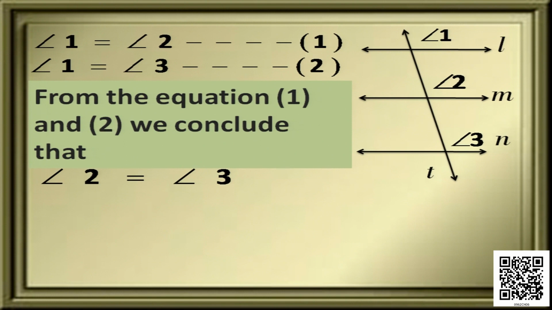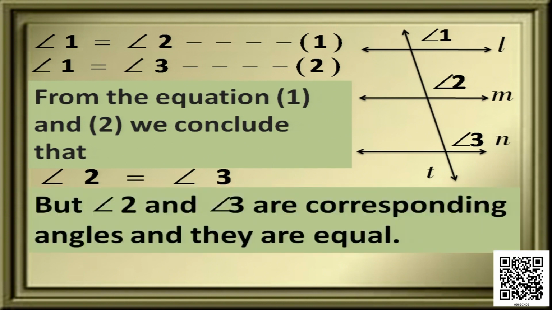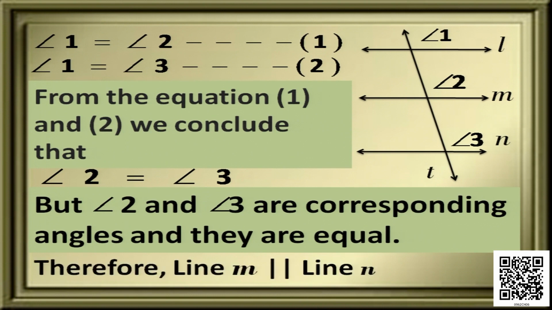Angle 2 and 3 are corresponding angles of the transversal T by M and N. So, as these two are corresponding angles and they are equal, line M is parallel to line N. This is the converse of the corresponding angle axiom. Now, we have completed this theorem.